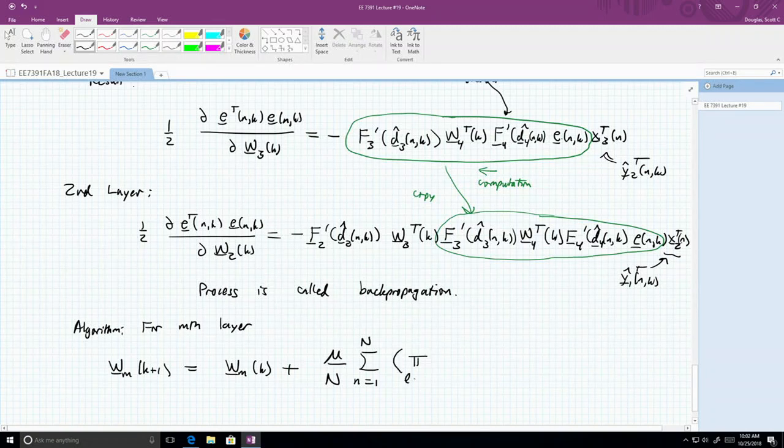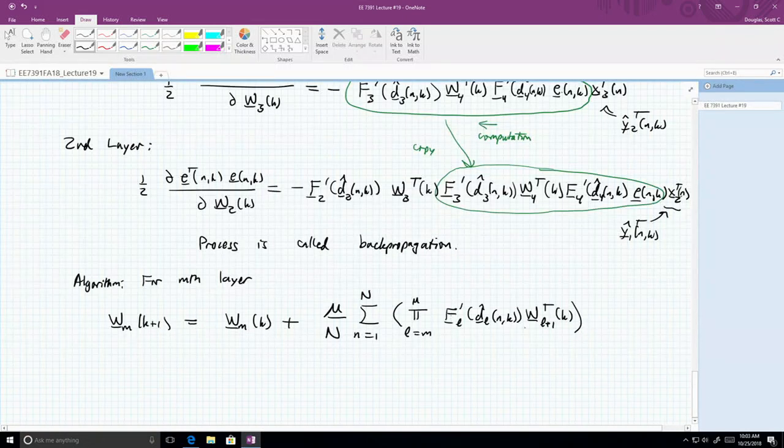The way to think of it is L from m to capital M of FL prime of D hat L n k times W L plus 1 transpose of k. And that product series is done in order, right? The mth, the m plus 1th, and so on. And this value is capital M.